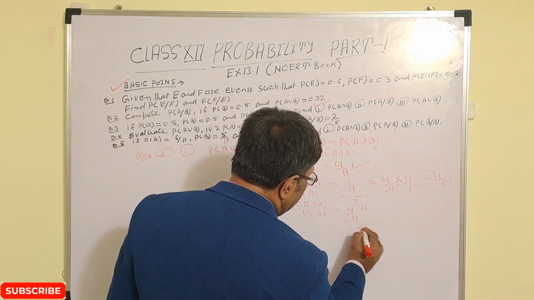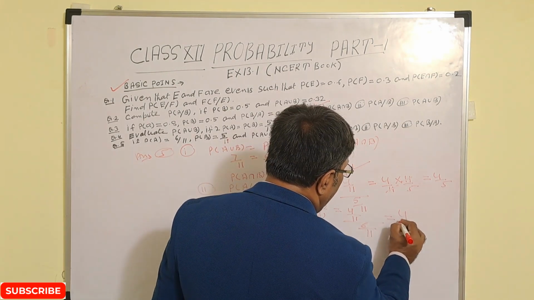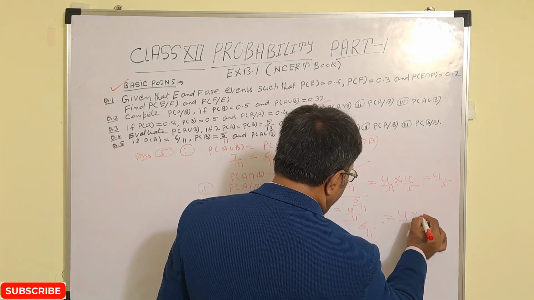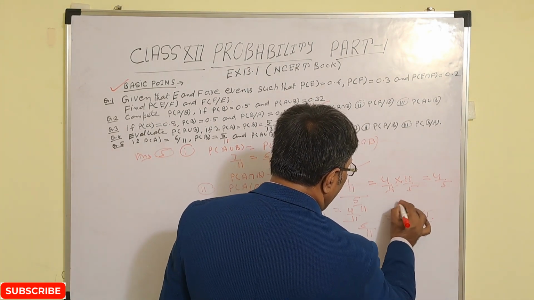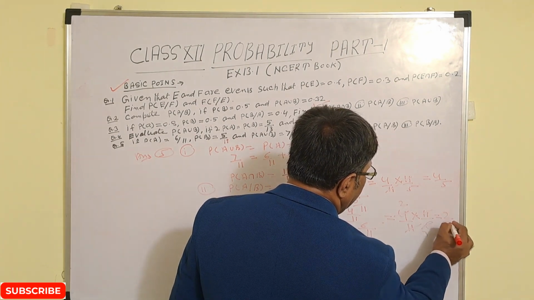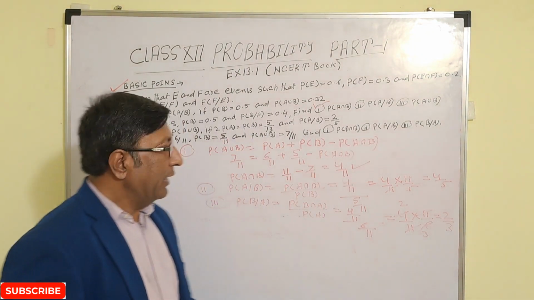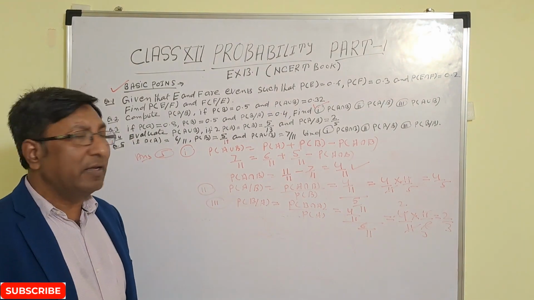So this is 6 upon 11. Now this equals 4 upon 11 multiplied by 11 upon 6. So this cancels out. 2 twos are 4, 2 threes are 6. So the correct answer is what? 2 upon 3. In this way we have solved all the parts of question number 5.